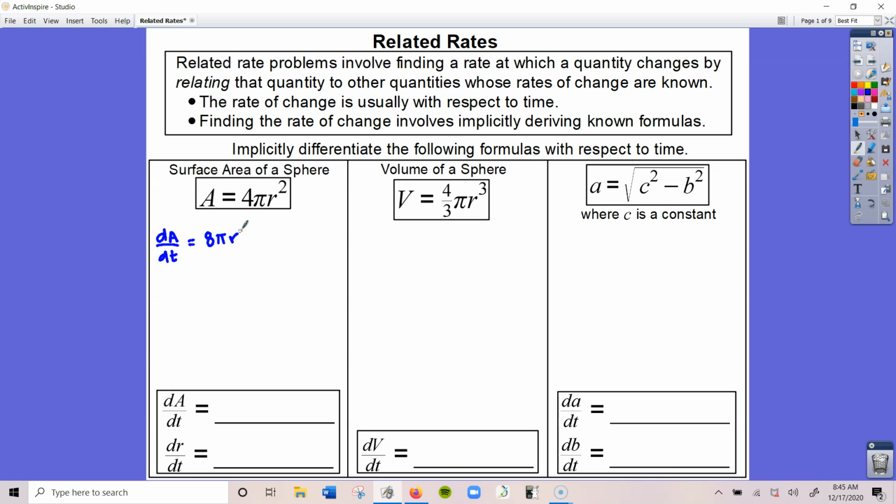And then because my variable is r, we multiply that with the implicit notation dr dt. So dA dt represents the rate at which the area is changing, and dr dt represents the rate at which the radius is changing.